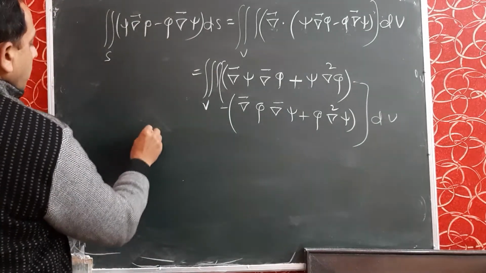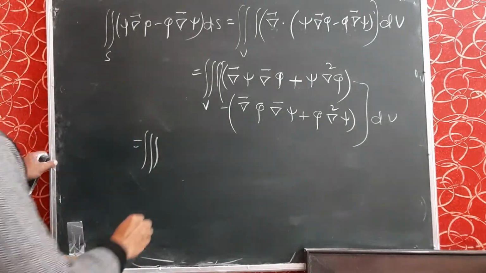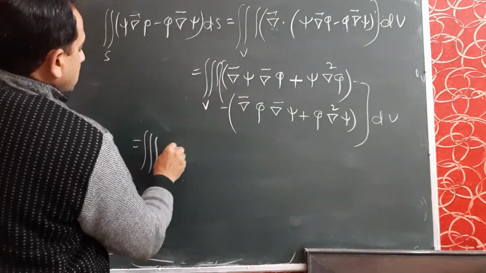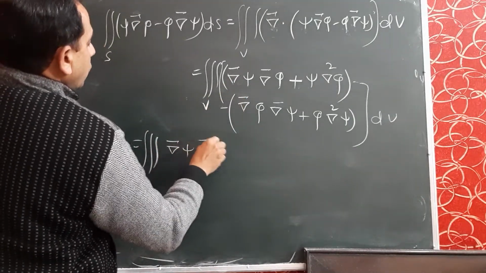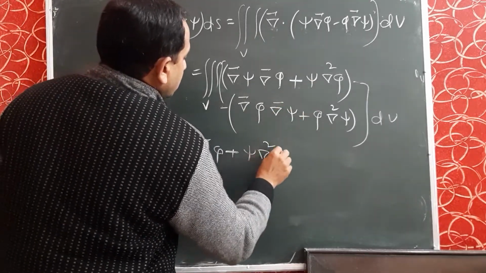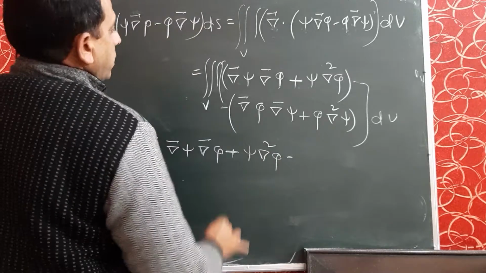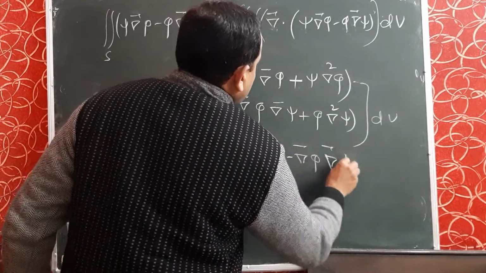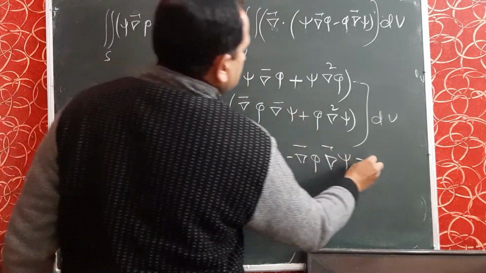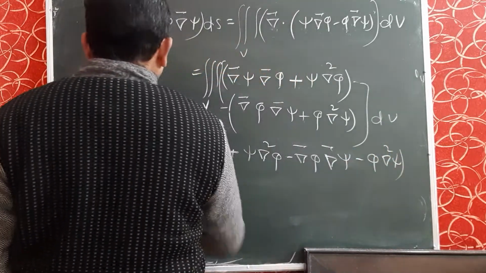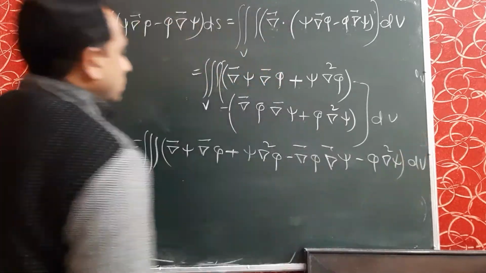Now, on simplification, it will become del psi dot del phi plus psi del square phi, minus del phi dot del psi, minus phi del square psi, into dV.